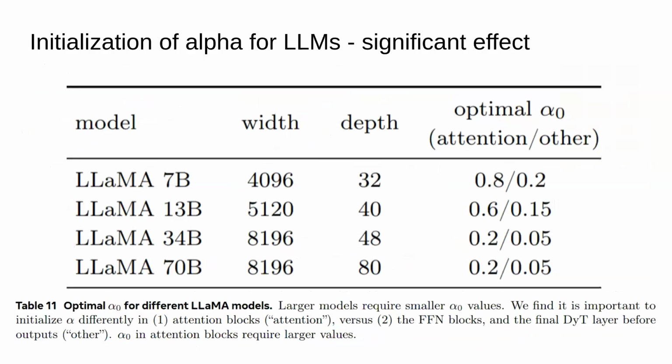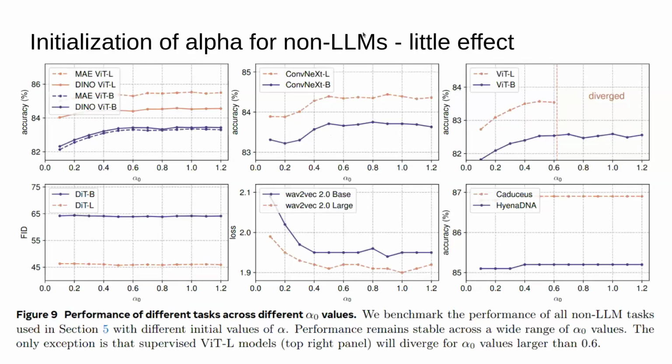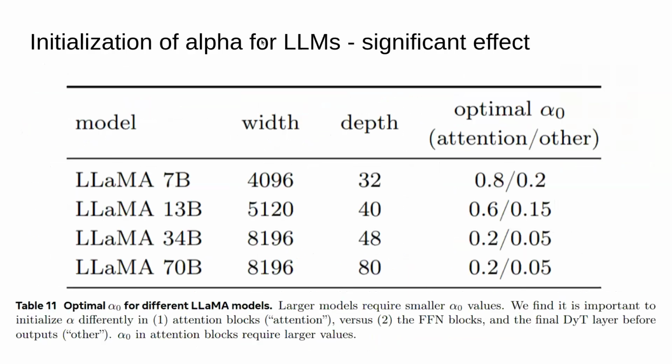Now, you might ask why I showed this. Because they do the same for LLMs, and for LLMs, it actually does make a big impact. They can show that you can find an optimal alpha 0, and that it depends on whether the normalization layer is in an attention block or in another block, like an FFN block.